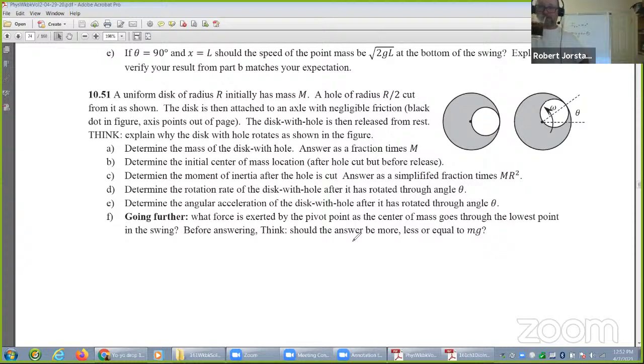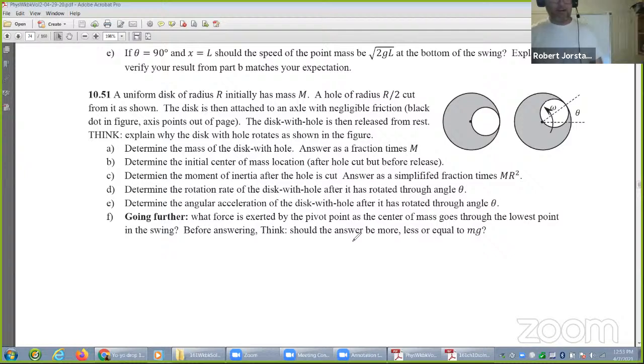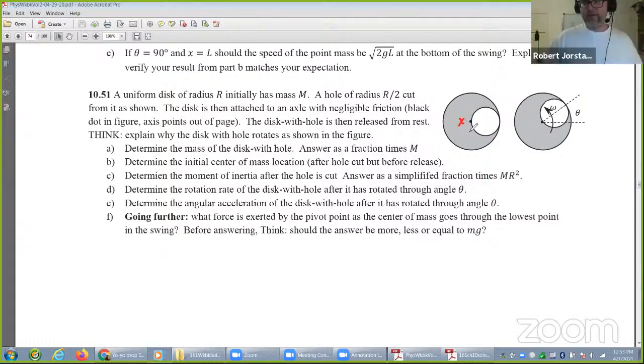That's actually correct. Can you explain to me why that kind of makes sense? Because there's more mass on the left than on the right. So where is the center of mass in the initial picture? More towards the left. Would you say it's probably right about there? And so then here, it's always going to be right on that line about the same distance away.